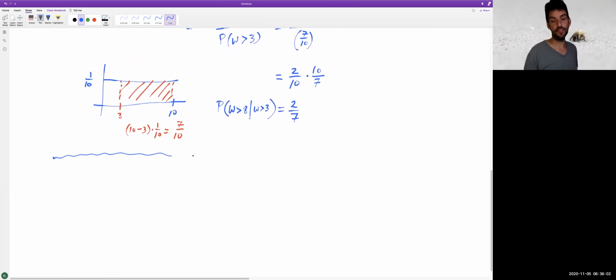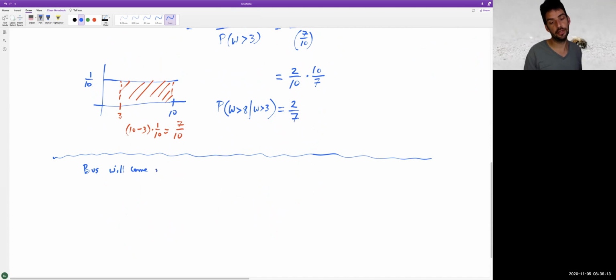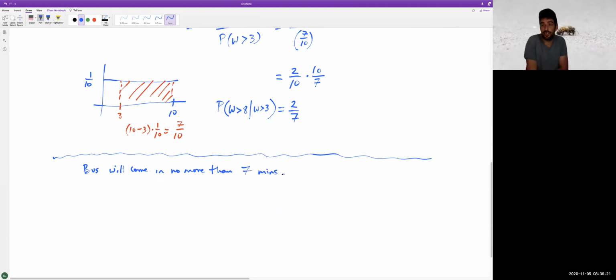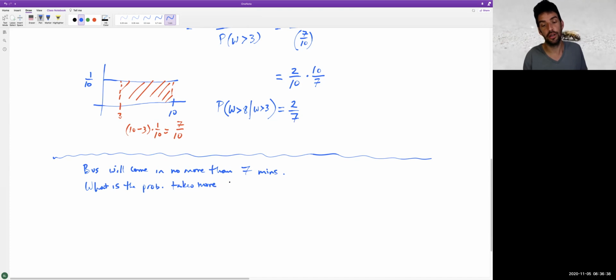Okay. Once we've waited 3 minutes, we're in a new situation. We know now the bus will come in no more than 7 minutes. Right? We knew when we arrived, the bus couldn't take longer than 10 minutes to show up, but we waited 3 of them, so now it can take no longer than 7 minutes to arrive. Okay? What is the probability it takes more than, so now, remember, we already waited 3 minutes.